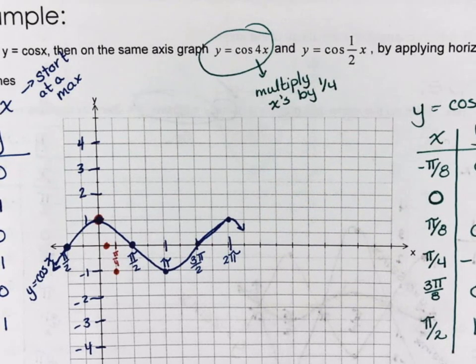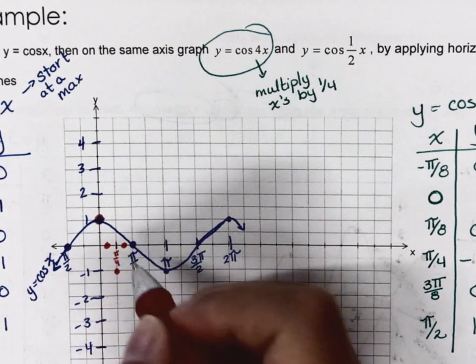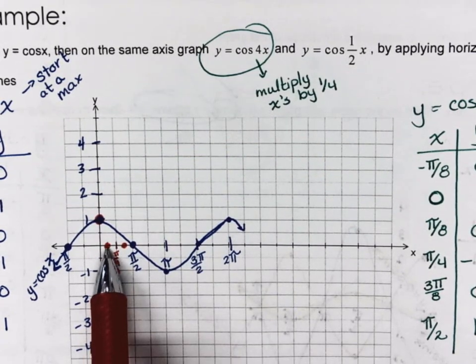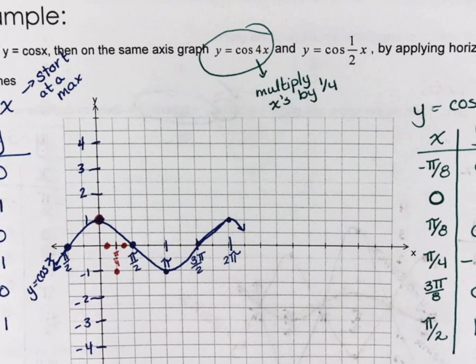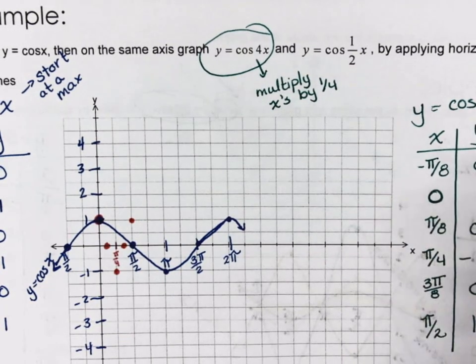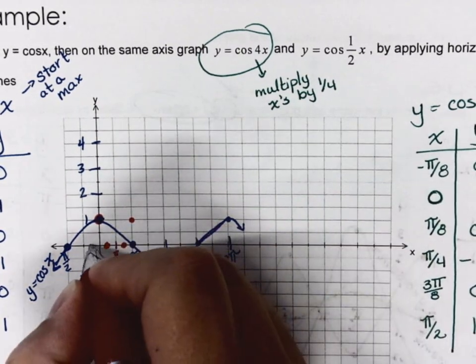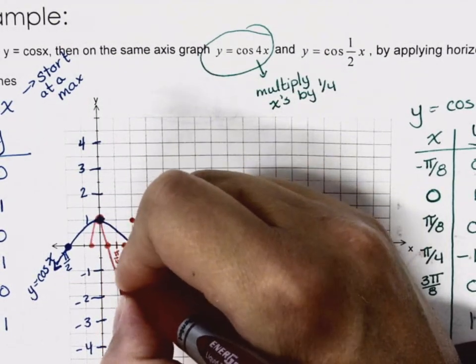Then 3 pi over 8, right in the middle here, because that would be 1 pi over 8, 2 pi over 8, 3 pi over 8, if I get common denominators. And then pi over 2, I'm back at 1. And negative pi over 8, right in between, I'm at 0. That is a squishy graph.